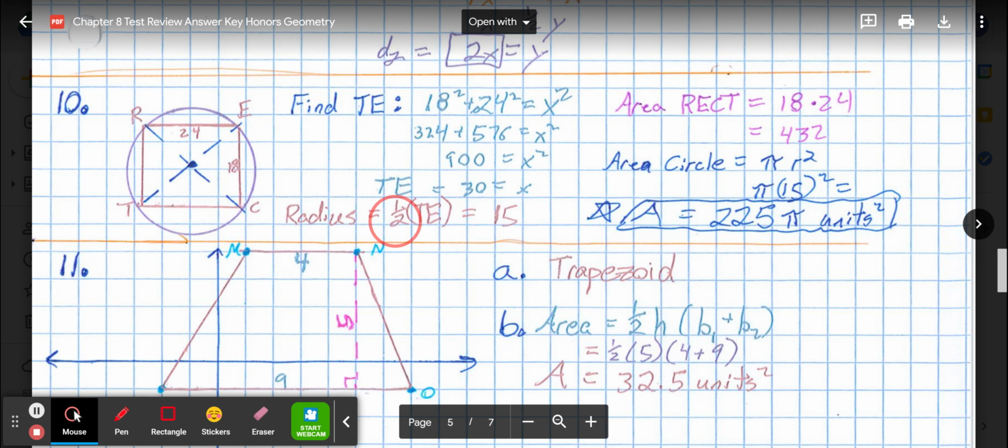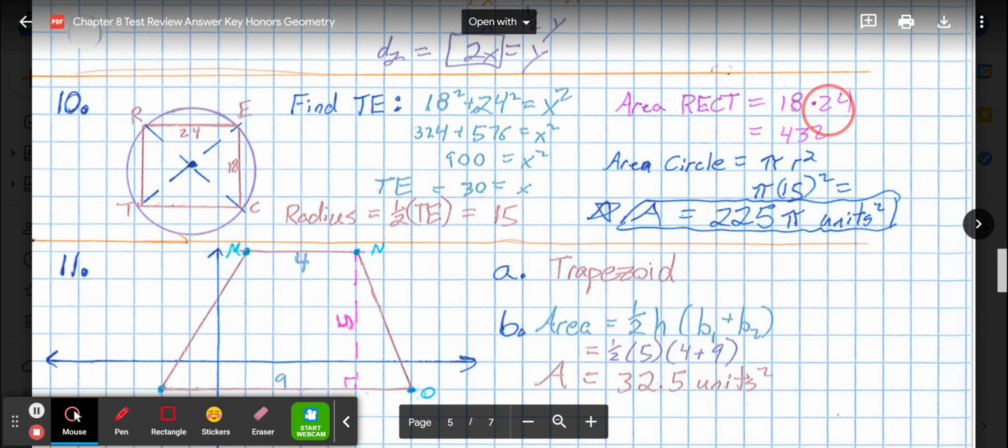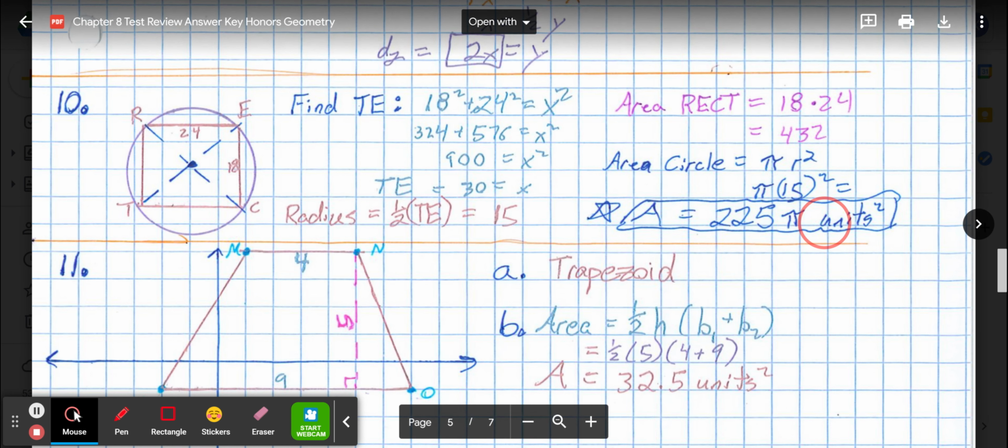So half of 30 gives us a radius of 15. Now, I don't care about the area of the rectangle, I just had that in there. We need to find the area of the circle, pi times radius squared. So pi times 15 squared, 15 squared is 225, so our exact answer would be 225 pi units squared.